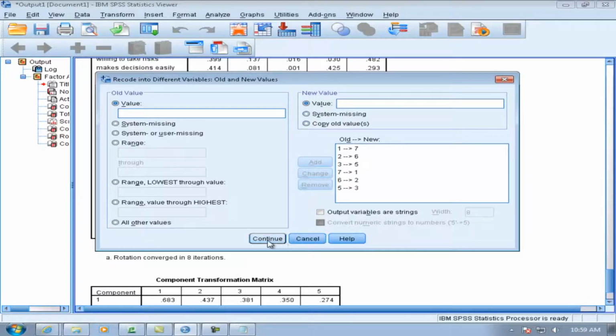Now try to continue. Let me see it. Copy all values. Let's hope this works.